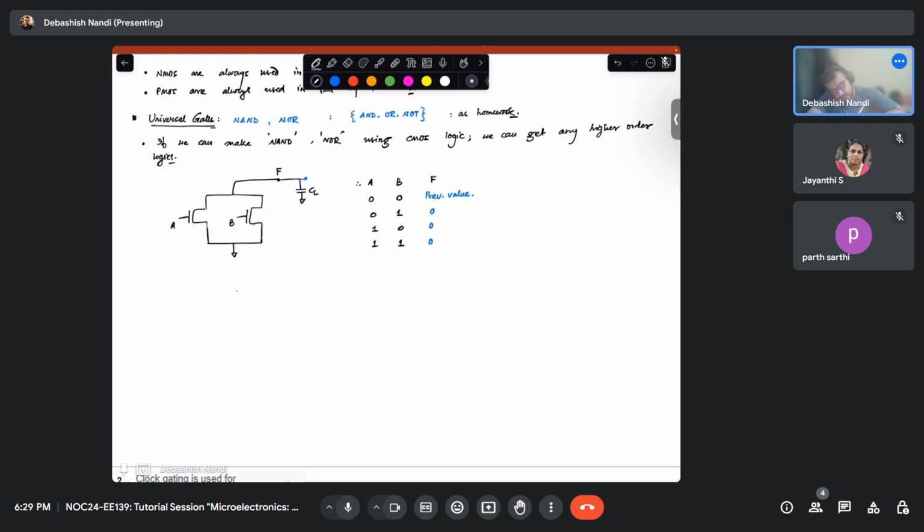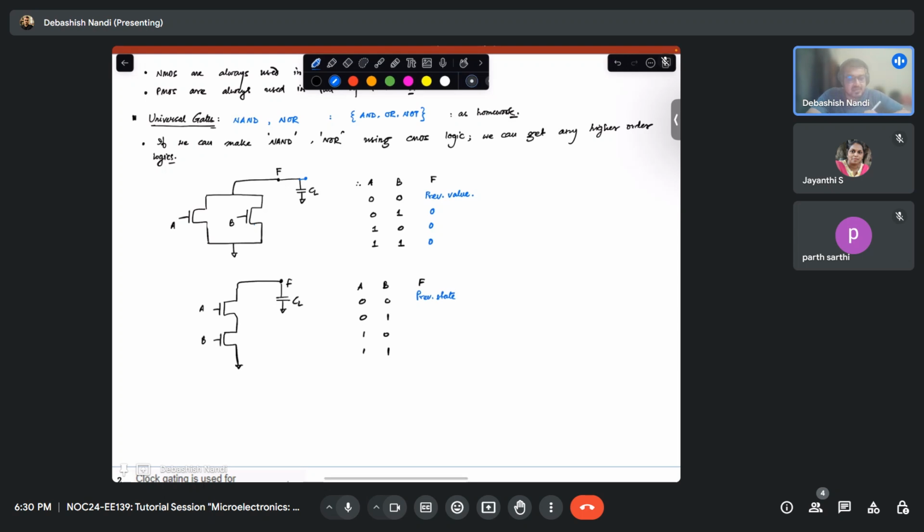Similarly, what about this? In case of 0 0, both transistors will be off, so it will hold the previous state.